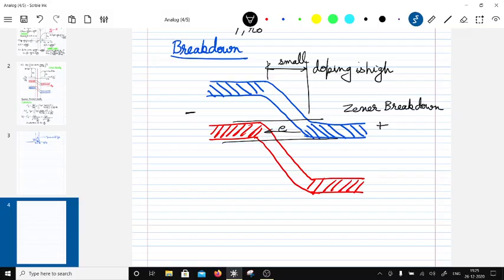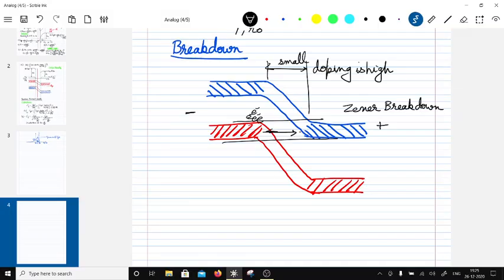So I'm basically pulling out electrons this way, so I made a mistake here. Let me correct this. There is a tunneling, so this is a leakage current. There is a tunneling of electrons this way because they are attracted. Now these electrons, if the distance is large, cannot tunnel through, so in this case they accumulate over here.